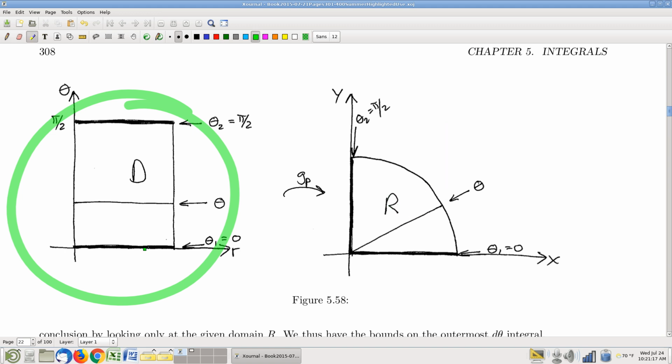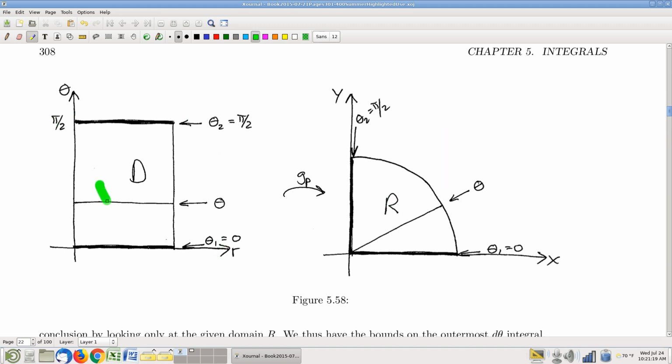So here's what I mean by that. We've pulled back to this rectangle. Let's look at our slices. Theta goes from 0 to pi over 2. That's what theta slices look like. We're slicing perpendicular to the theta axis. Those are literally theta slices in our pullback domain.